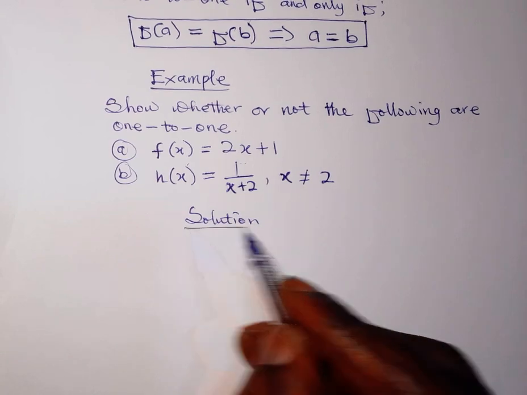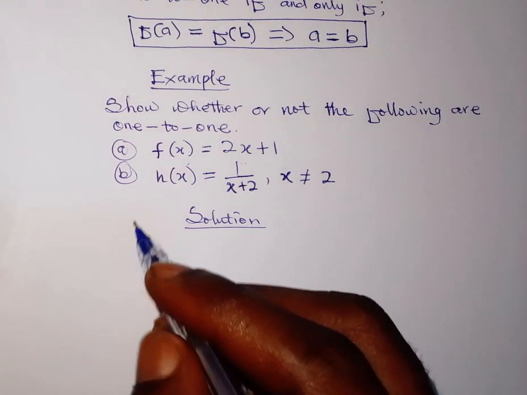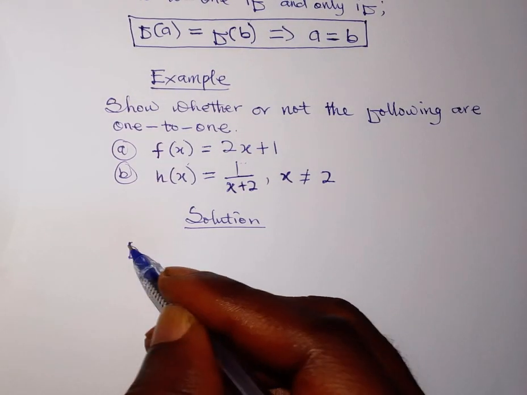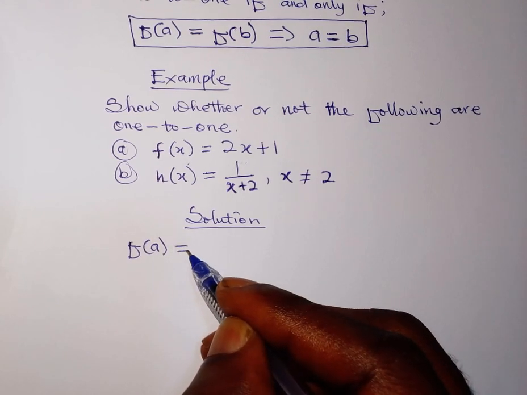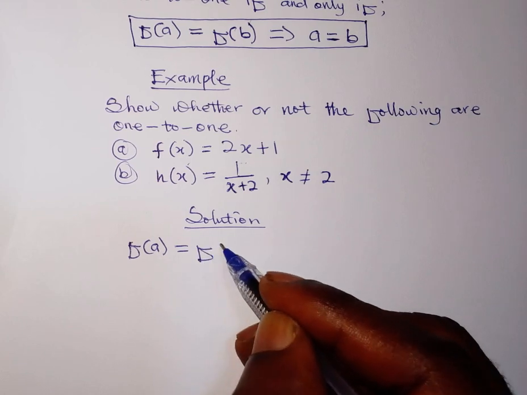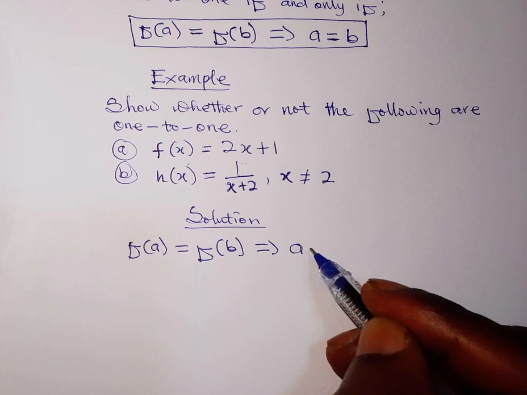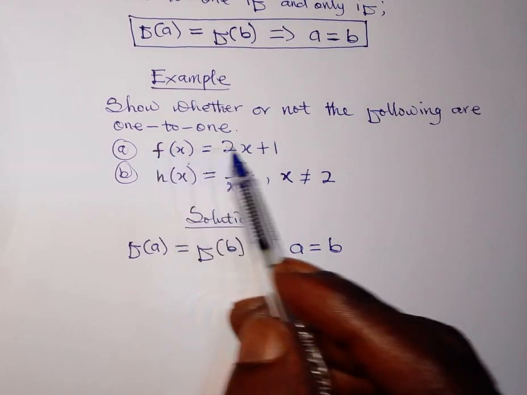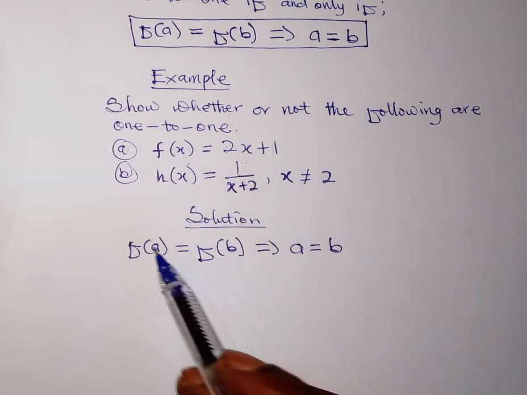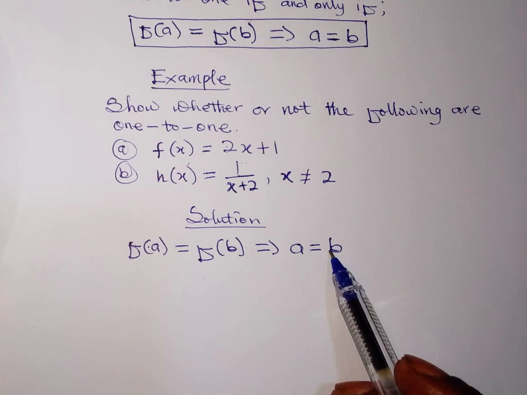Algebraically, to show that a function is one-to-one, f(a) should be equal to f(b), which implies that a should be equal to b. So if you take each function, when you substitute this, you are going to get this. That's what we are going to do.